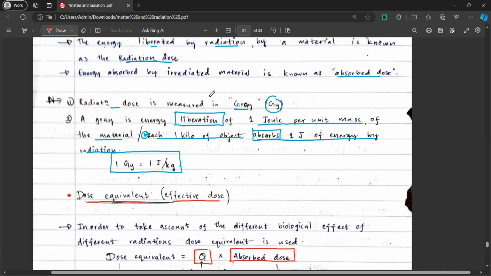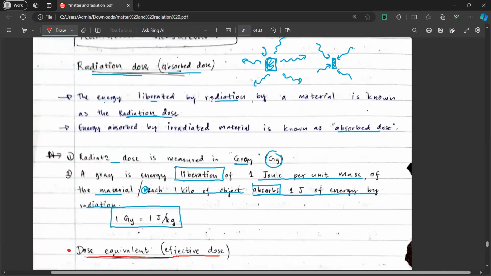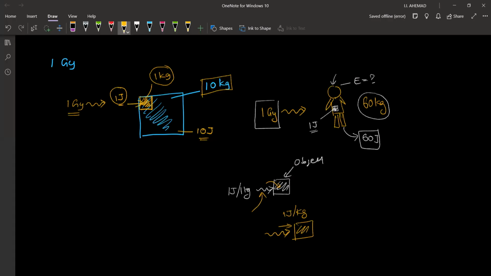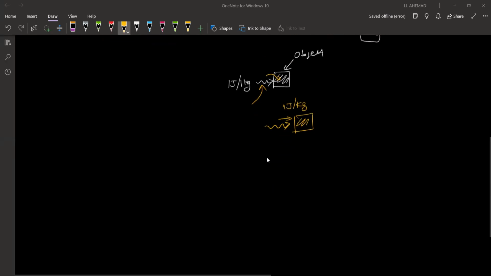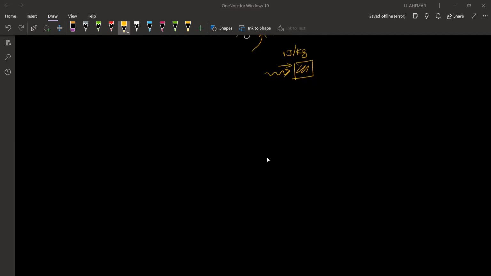I think I have to ask from here. Are you clear with radiation dose and absorbed dose? So we have radiation dose and absorbed dose.